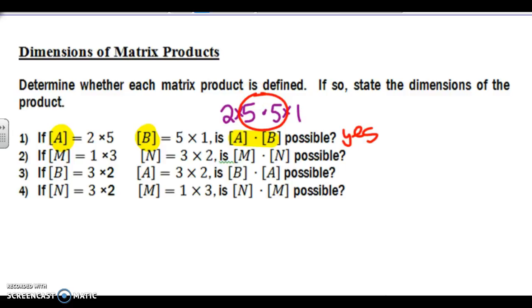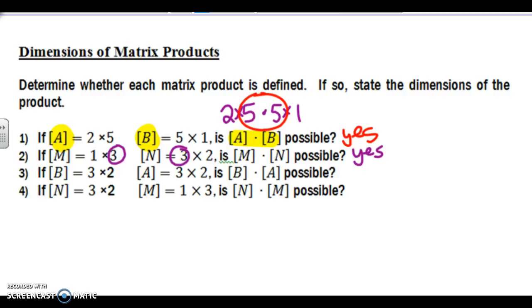If I look at the next one, M times N, then I'm going to look at the second one from M and the first one from N, as in Nancy. Are those two the same? Yes, they are. But on this third one, it switches the order, and it says, can you do B times A?